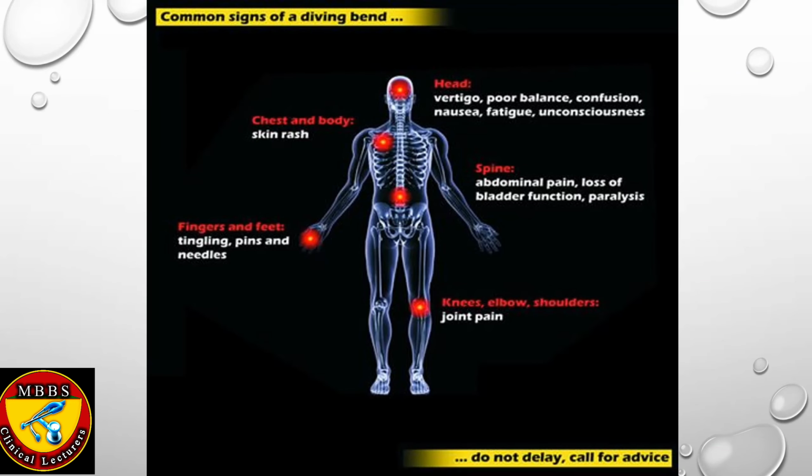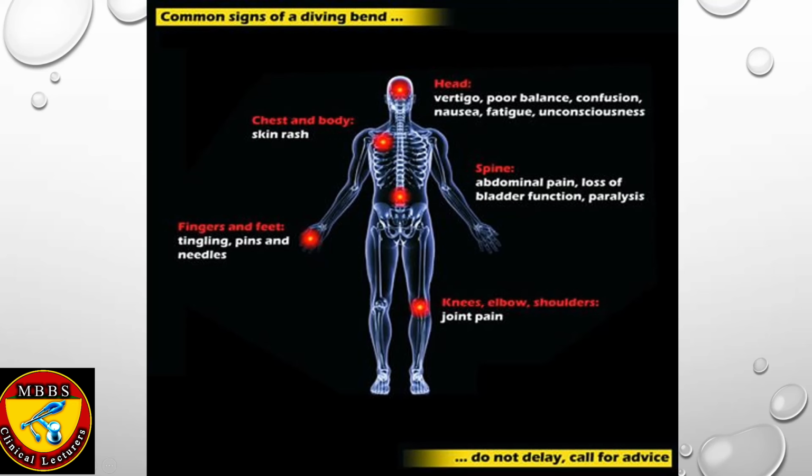So the signs and symptoms of decompression sickness depend on the site where the nitrogen bubbles are deposited. If they are deposited within the knees, elbows and shoulders, they cause joint pain, they can cause tingling, pins and needle sensation, skin rash, or even vertigo, poor balance, confusion, nausea, fatigue or unconsciousness.